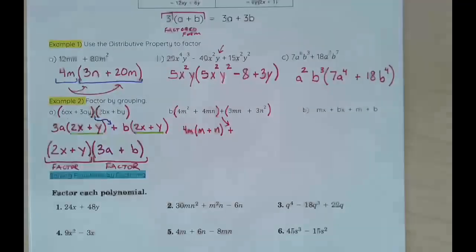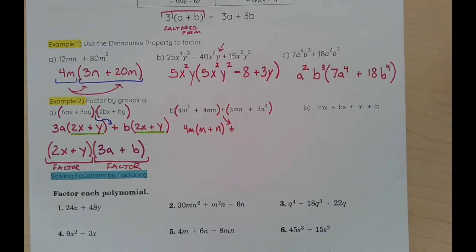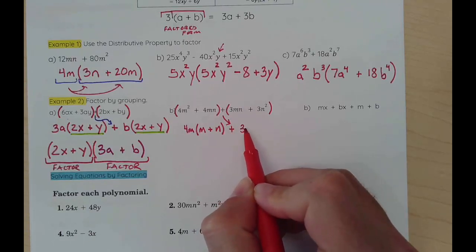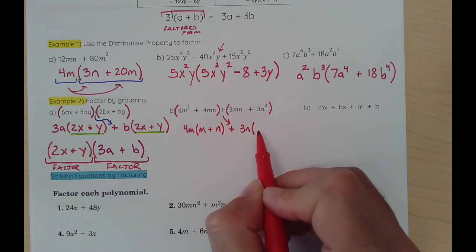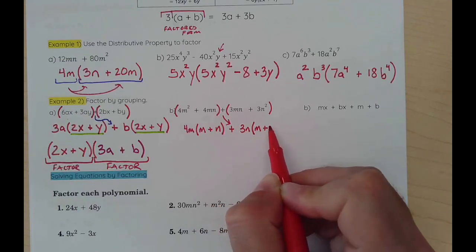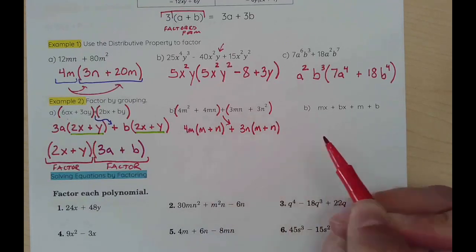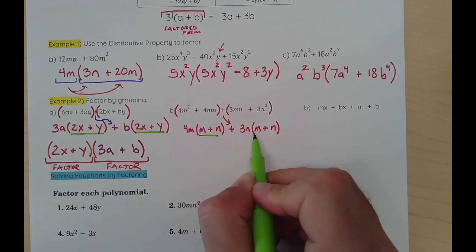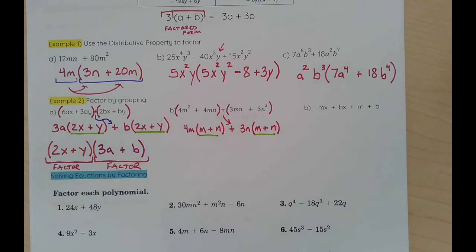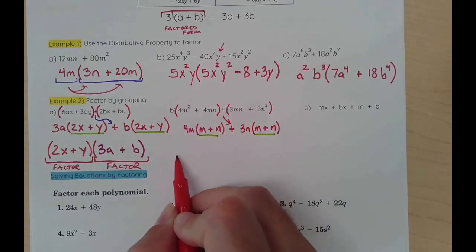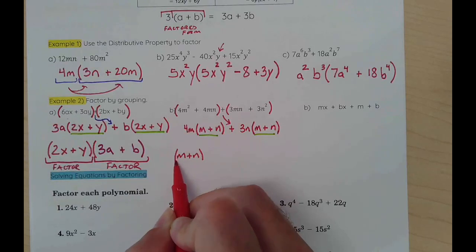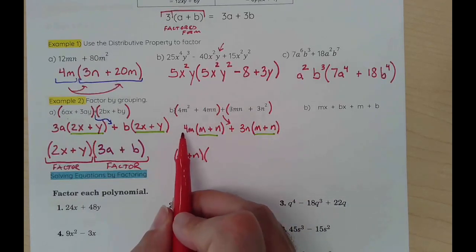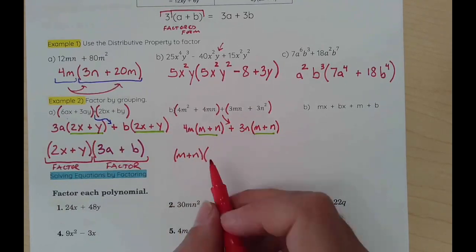I'm going to look here, I have my 3 that I can factor out, and I can factor out an N. So I have 3N left with M plus N. Now I have a common factor. I can pull that M plus N out, and that would leave me with 4M plus 3N. So 4M plus 3N.